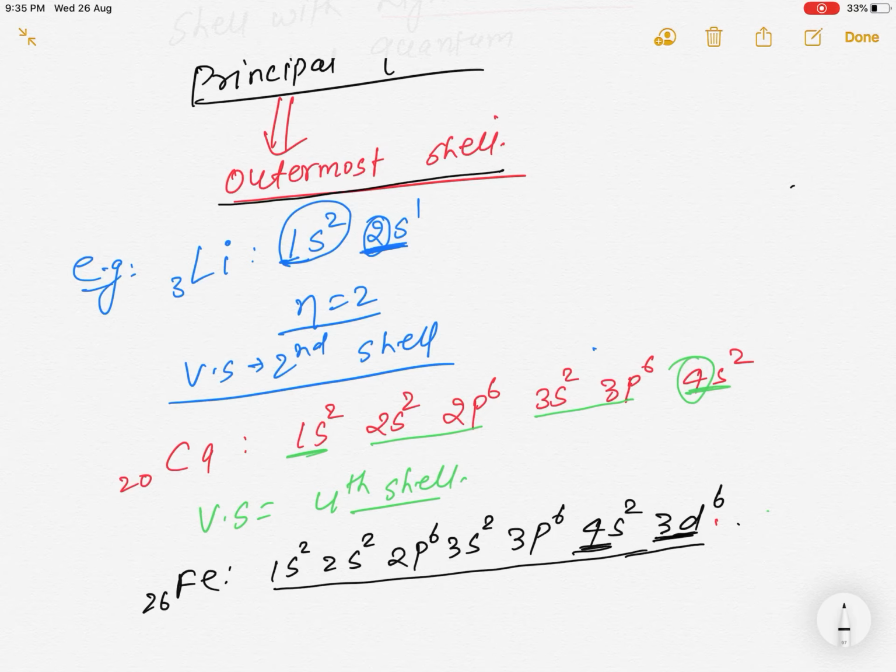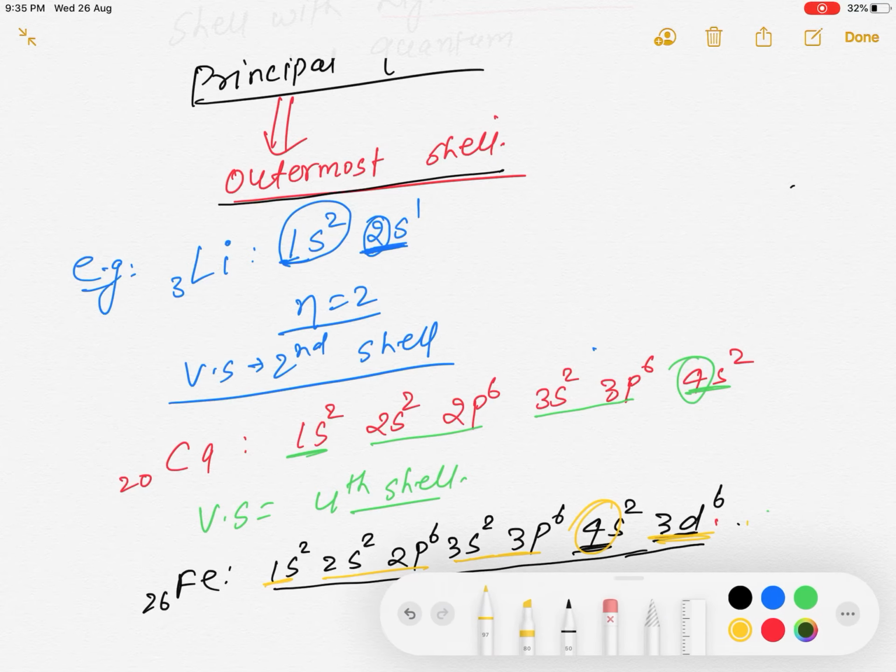How about the fourth shell then? You will always look out for the shell with the highest value of principal quantum number. Over here we see this is the first shell, second shell, third shell. This also belongs to the third shell only. But this one with principal quantum number value 4 is the highest value of principal quantum number for the shells of iron.